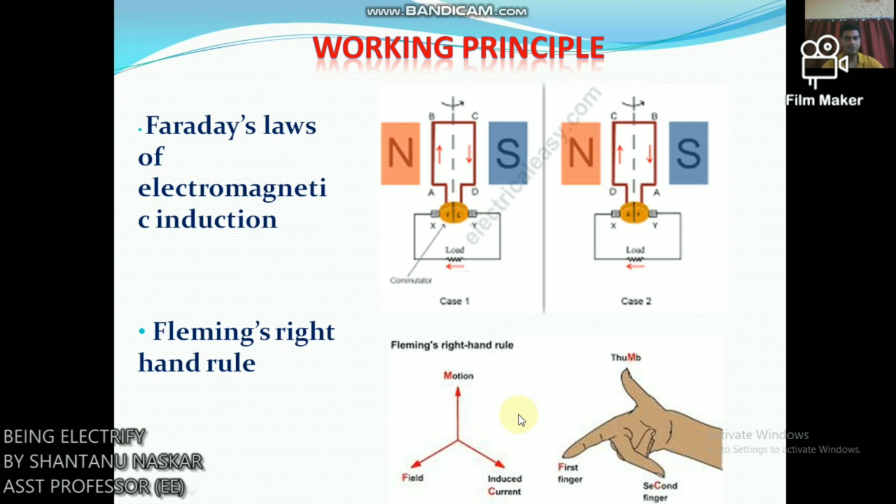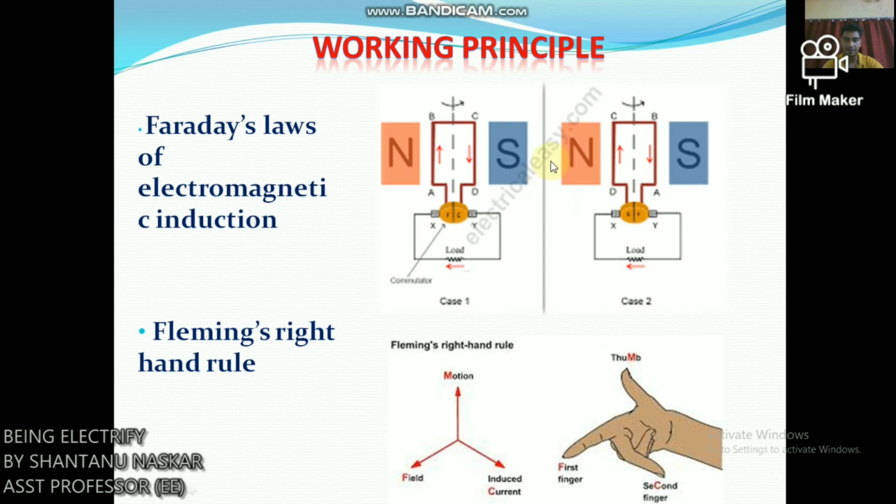According to Fleming's right hand rule, the direction of induced current changes whenever the direction of motion of the conductor changes. Let's consider an armature rotating clockwise and a conductor at the left is moving upward. When the armature completes a half rotation, the direction of the motion of that particular conductor will reverse to downwards. Hence, the direction of current in every armature conductor will be alternating.